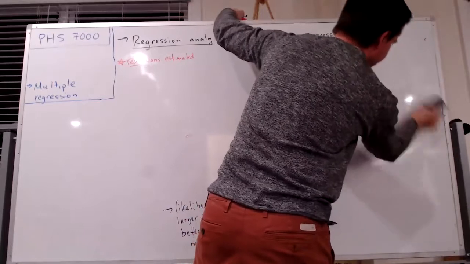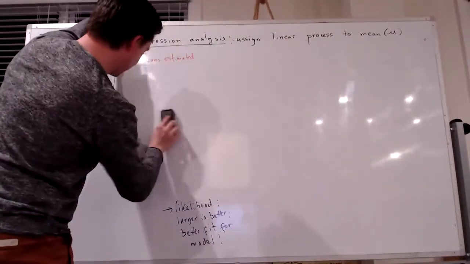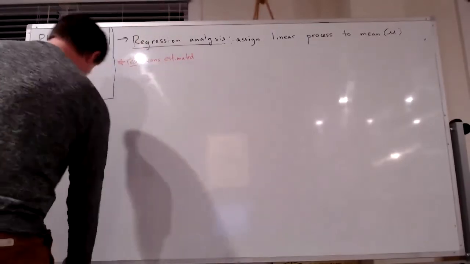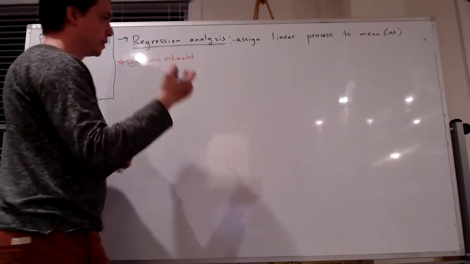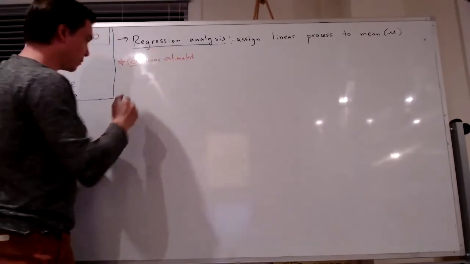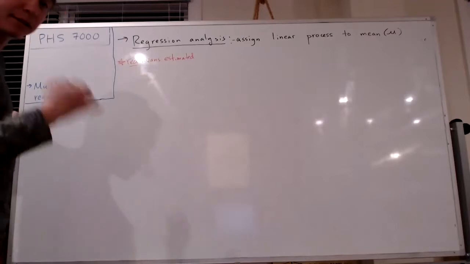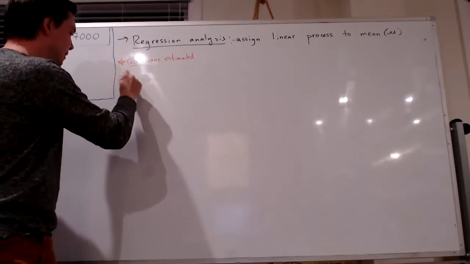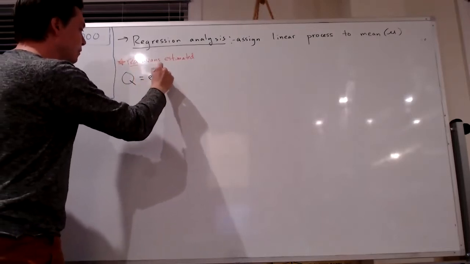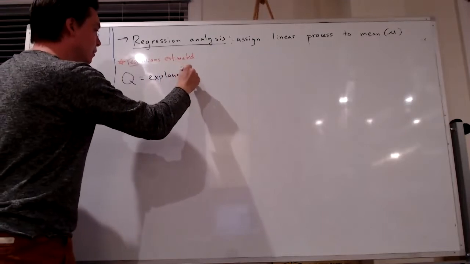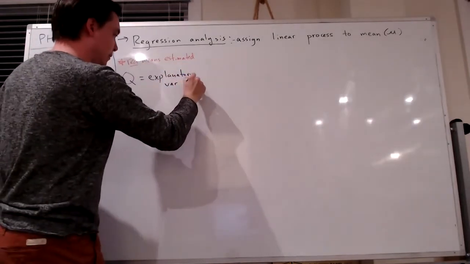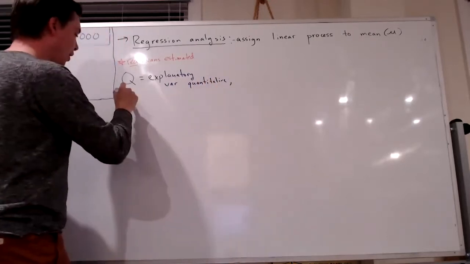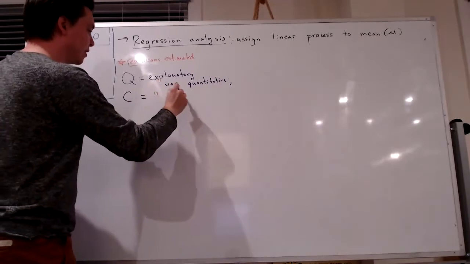So as I'm erasing, I'm going to have two sort of placeholder variables. Our interpretation and visualization will depend on whether our explanatory variable is quantitative or explanatory variable is categorical.